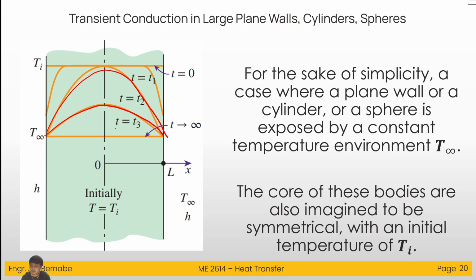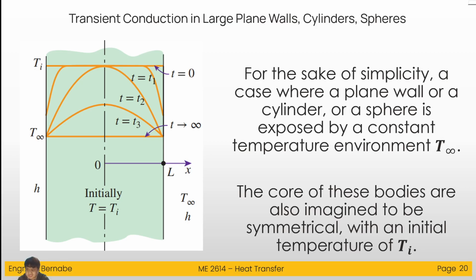So this will be the temperature profile. Then after that, the temperature of the body will be uniform, which is also the same as the temperature of the environment. So you can imagine the scenario: you have the initial temperature, then after a while, the surface will be cooler, but the inside will still be hot. And then the inside will also get colder and colder, and then it will have the same temperature after the time approaches infinity.